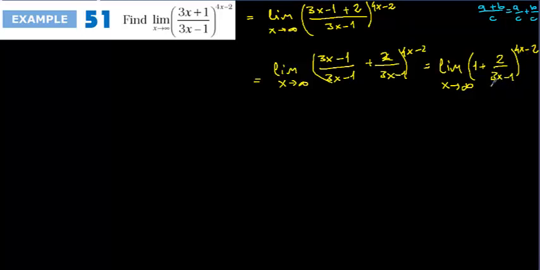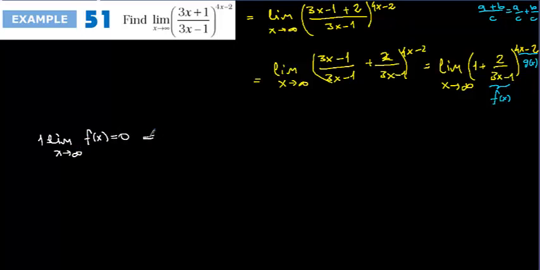This is the case that we are looking for, 1 plus fx to the power of gx, and you know this is going to be fx for us, and this is gx. Then we can start to check the conditions. There are 3 conditions, if you remember. The first: limit x tends to x0, which is infinity here, fx must be equal to 0.